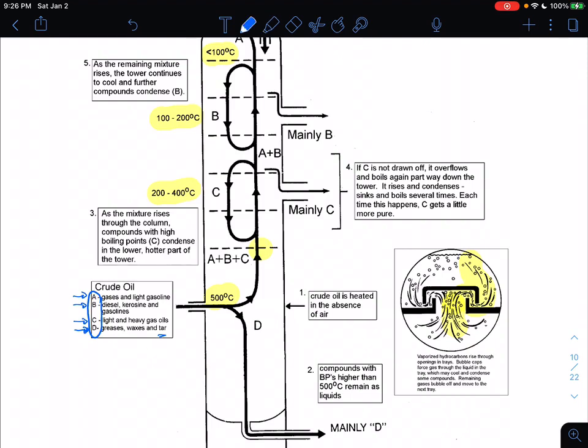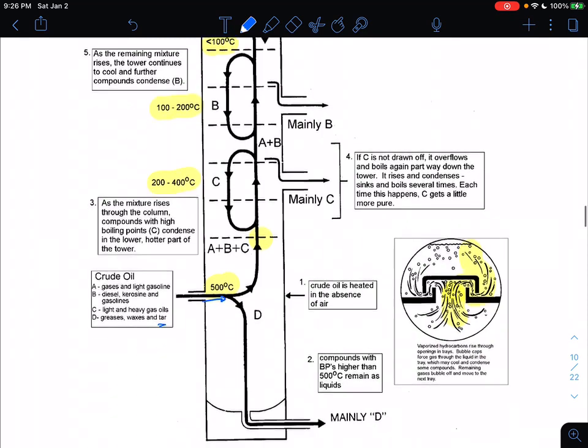So here we go. We've got a mixture of crude oil made up of A, B, C, and D. It goes into the fractionation tower. Right away, you get the very long hydrocarbons condensing and being drawn off the fractionation tower. So basically, it's going to be these guys here.